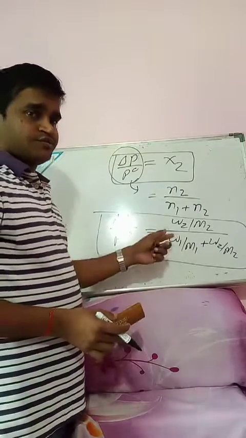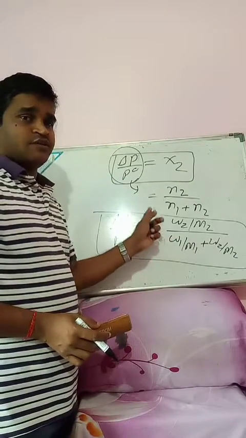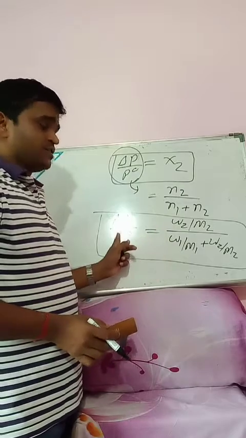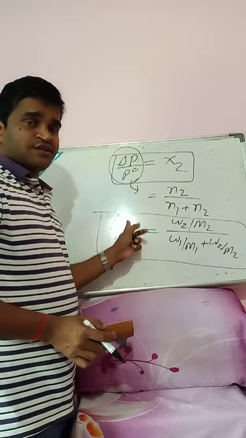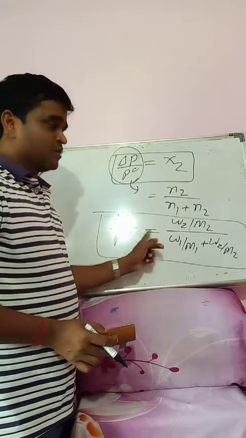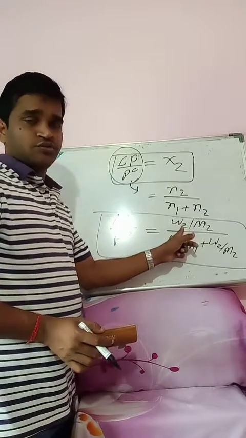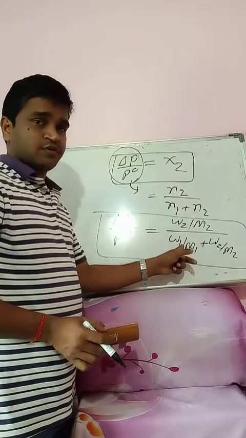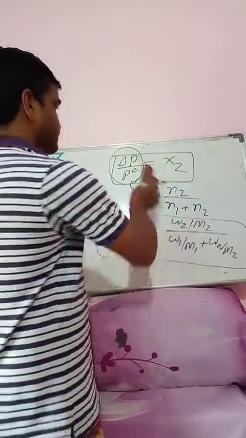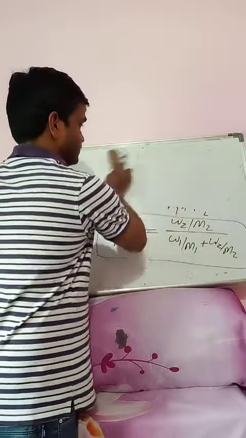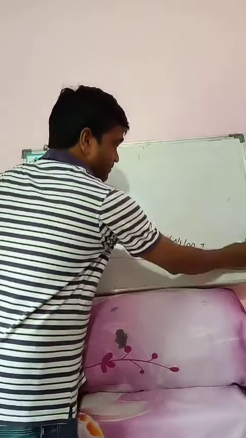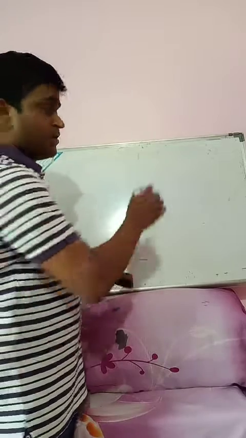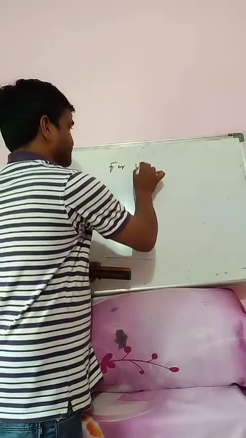This is the mathematical expression for the colligative property relative lowering in vapor pressure, which is expressed as delta P by P naught. The terms are very common: 2 for solute, 1 for solvent, W2 weight of solute, M2 molecular mass of solute, like that.